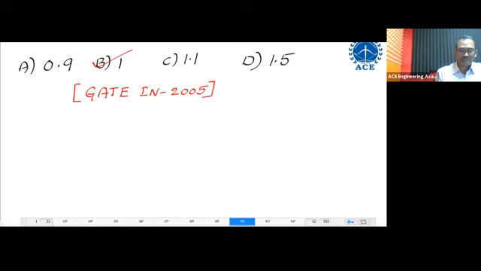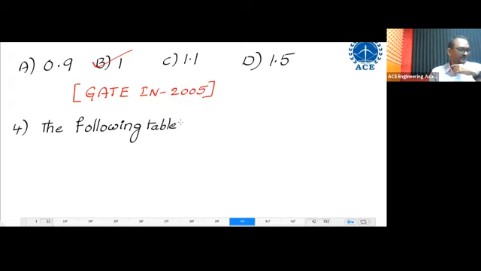Next. Problem number 4. The following table gives a function f of x versus x.